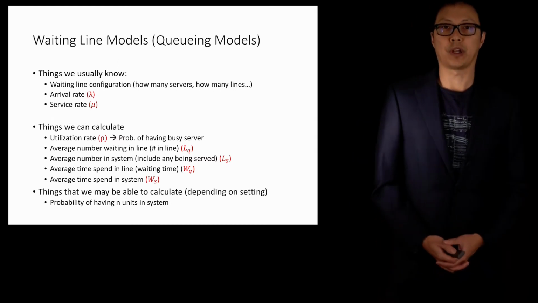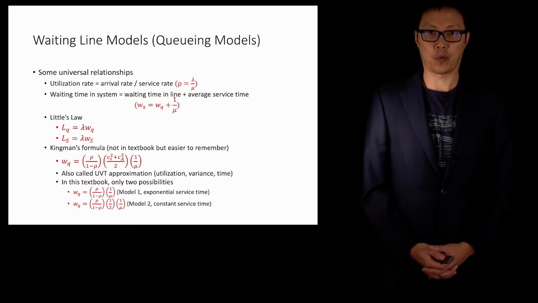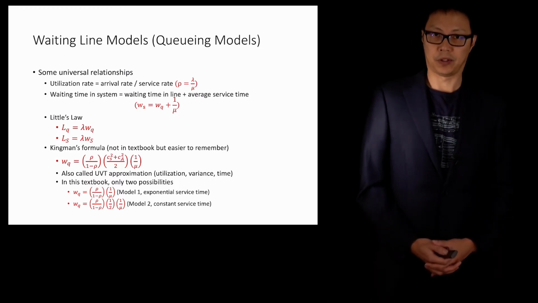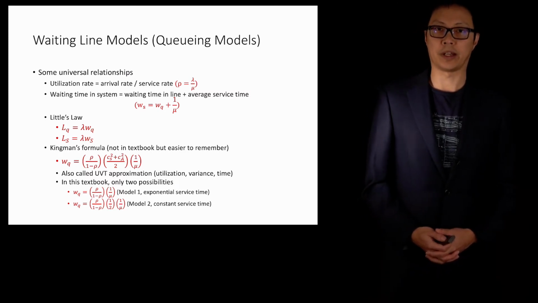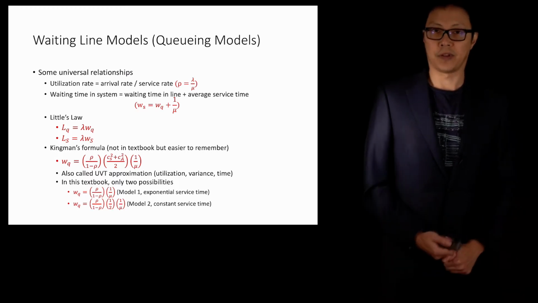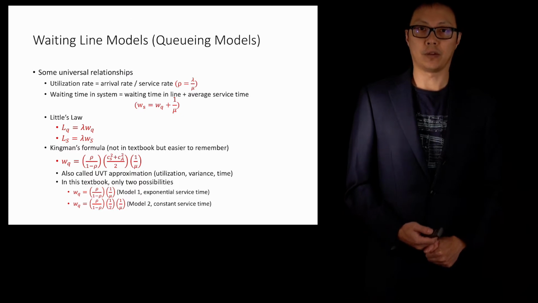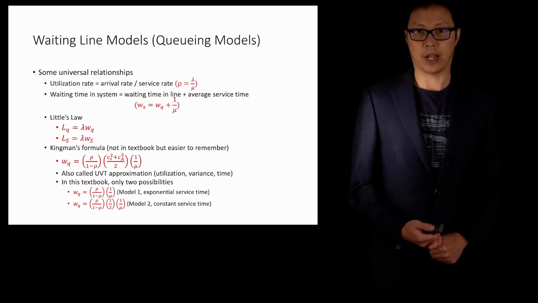So how do we do the calculations? For the utilization rate, it is pretty straightforward. The formulation is the arrival rate divided by the service rate. Also, the waiting time in the system is equal to the waiting time in line plus the service time. In addition, we can use Little's law to figure out the relationship between the number of people and the waiting time.